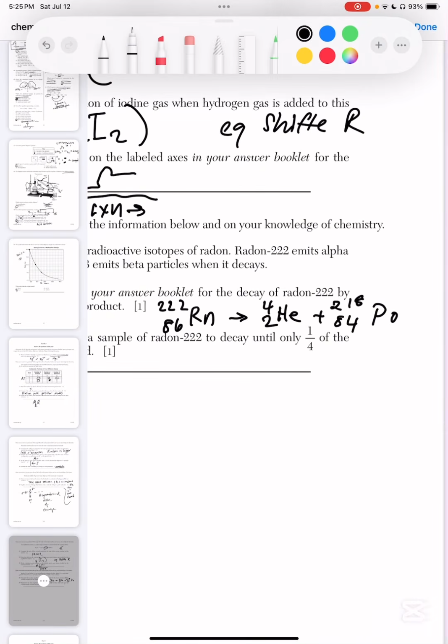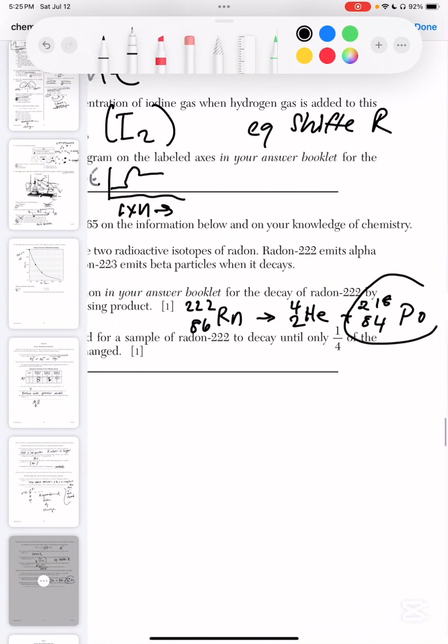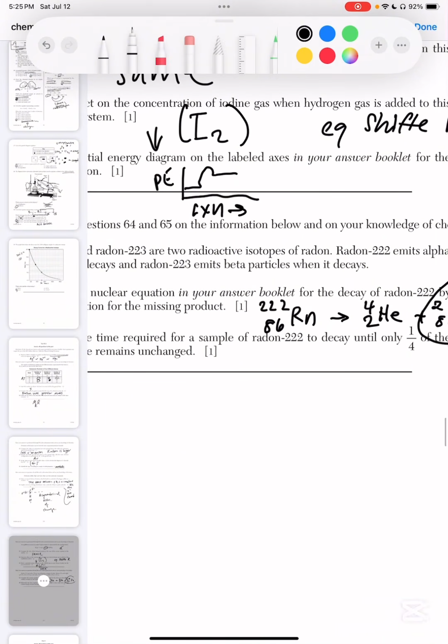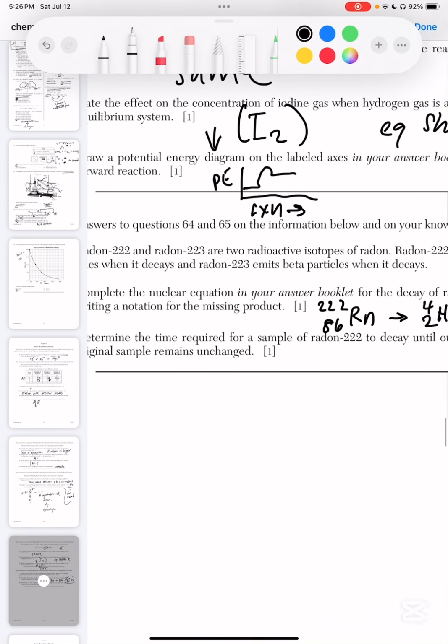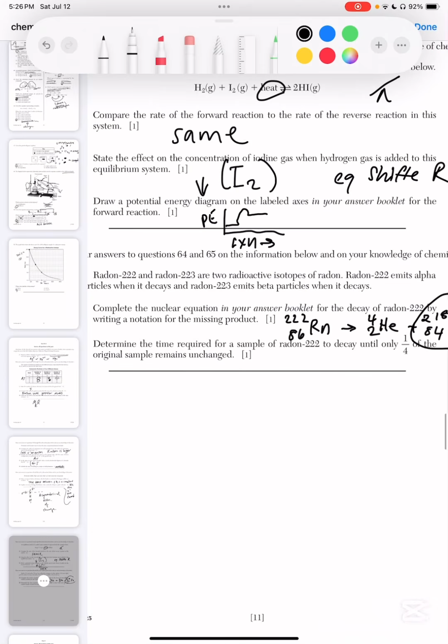Yeah, so this is the whole reaction, and whichever one the answer booklet is missing will be your answer. I'm assuming probably this one, because I don't think they would just ask you to write an alpha particle. That seems silly.